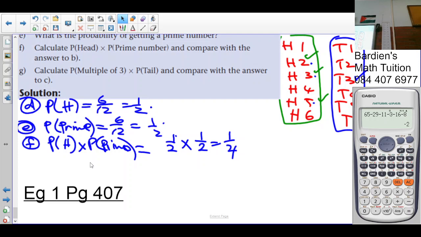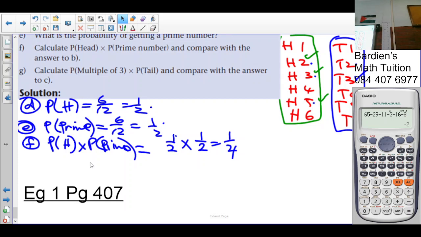So if you're looking at tossing a coin, if you get a heads on your coin, does that in any way affect what is happening on the dice or on the die? Yes or no? No. So if you toss a heads on a coin, you can get any one of the six values on the dice.